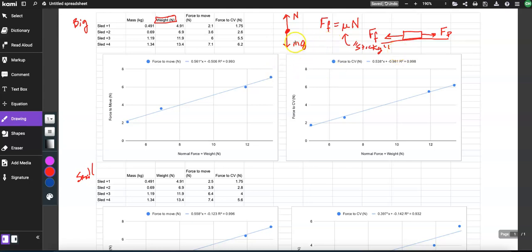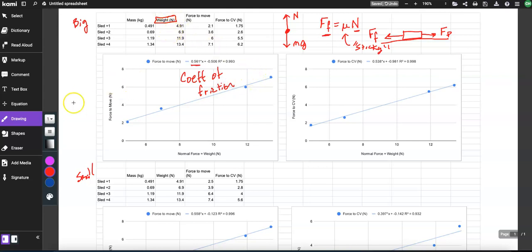When you pull on it and it gives you these dots, you can plot the force to move, which is the force of friction, and the normal force, which is this guy. The number that you see right here is measured in newtons over newtons, so there's no unit, but this is what we call the coefficient of friction. And the bigger it is, the harder it is to move something.